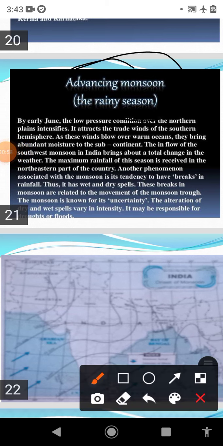Now we'll discuss the advancing monsoon, or you can call it the rainy season. The rainy season in India starts with the onset of the southwest monsoon in June and lasts until September. Now let us discuss the temperature during the rainy months in India.